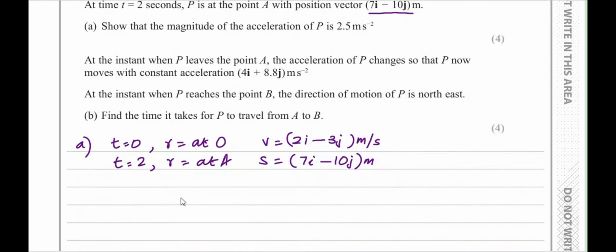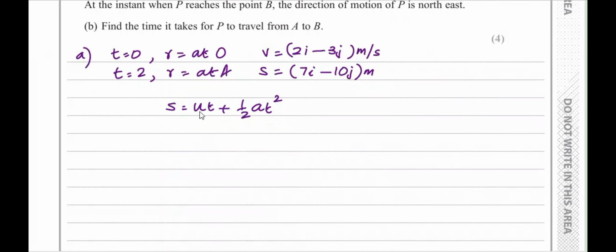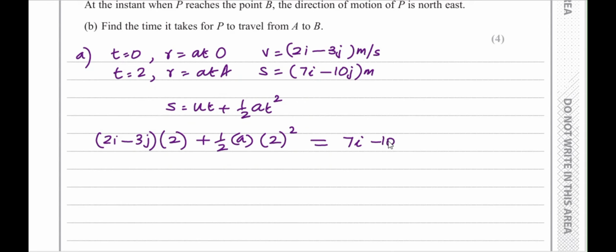Okay. Now let's use s equals ut plus half at squared. Substituting the values, u is 2i minus 3j, time is 2, plus half, a we don't know, time is 2 squared, and that should be equal to 7i minus 10j.